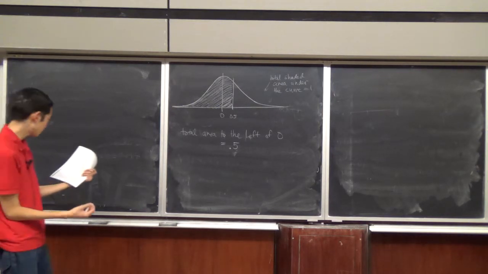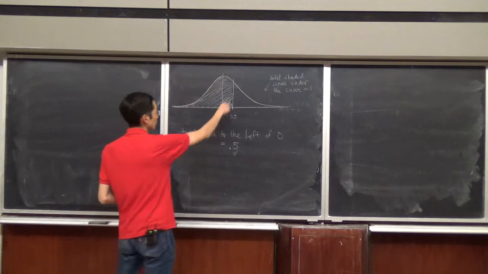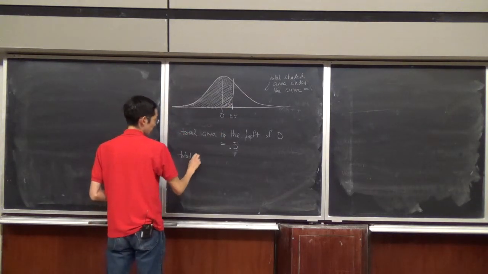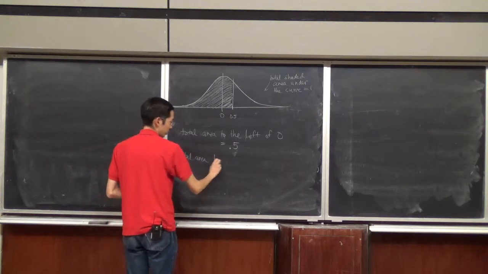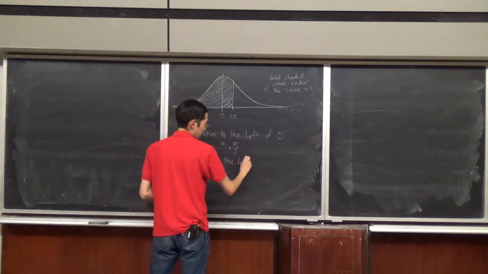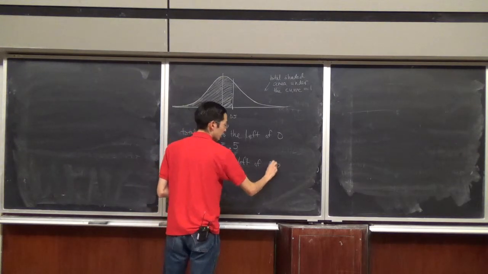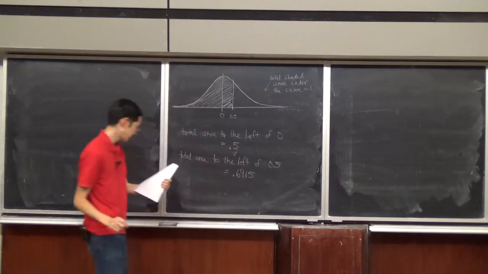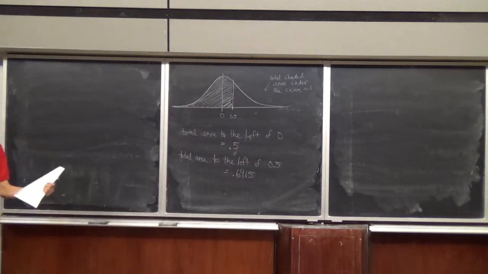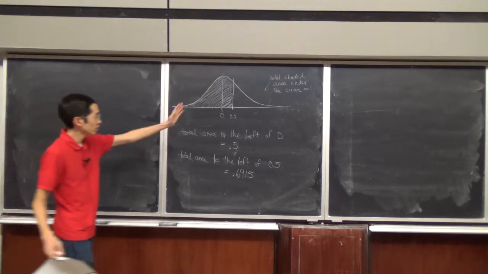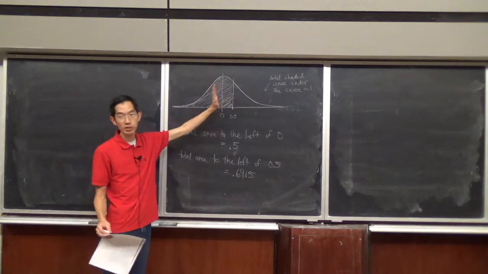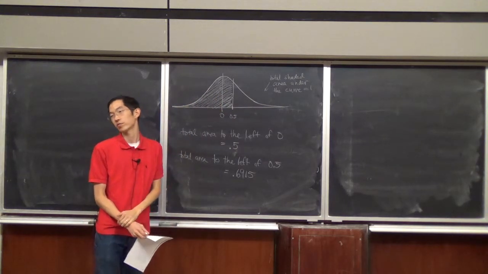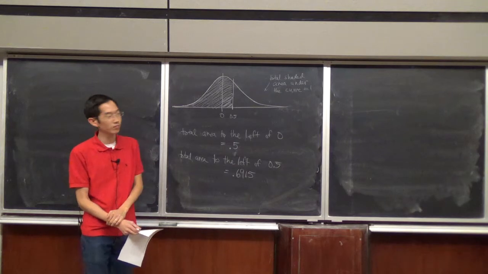And I'm going to just tell you right now that the amount shaded to the left of 0.5 is equal to 0.6915. You don't have to have that memorized, but if I go out to 0.5, I've shaded almost 70%. Everything to the left of 0.5 represents almost 70%.